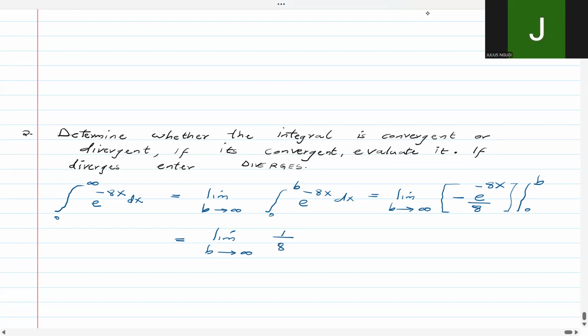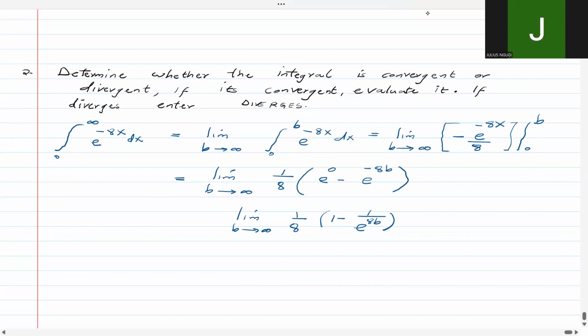If I factor out 1/8, then I plug in b and 0, I will have exponential to the power of 0 minus exponential to the power of minus 8b. The interchange here is because of the minus sign. You can do it without the interchange, but remember the minus sign. So this becomes the limit as b approaches infinity of 1/8 times 1 minus 1 over exponential to the power of 8b.